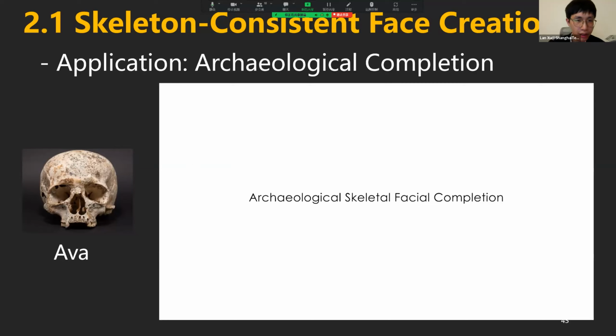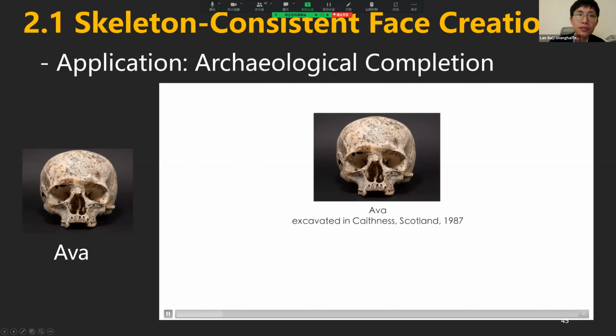Actually, we try to recover the facial appearance information from some partial skulls. It's very important for archaeological comparison. In these examples, given an incomplete skull, the Eva, which was excavated in Scotland in 1987, we only discover partial skulls, right?